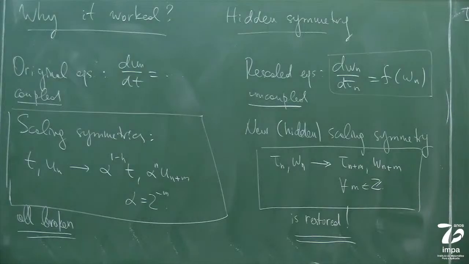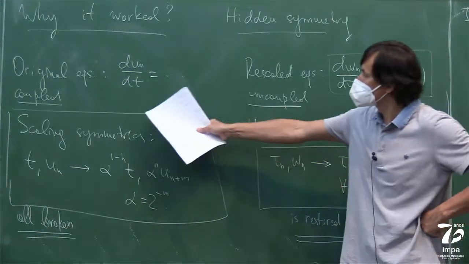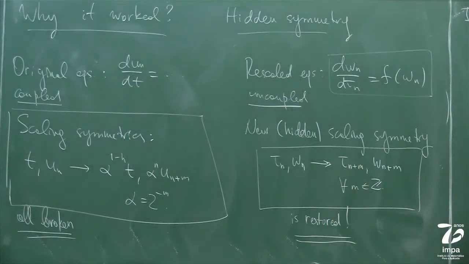So actually, there is a restoration of some symmetry. Despite all symmetries being broken in the original system, there is a symmetry for the rescaled equation, which is restored. And the restoration of this symmetry is exactly the reason why power laws of structure functions appear.